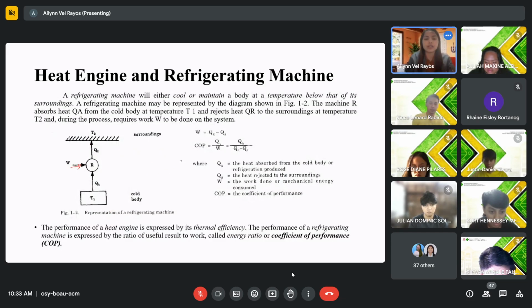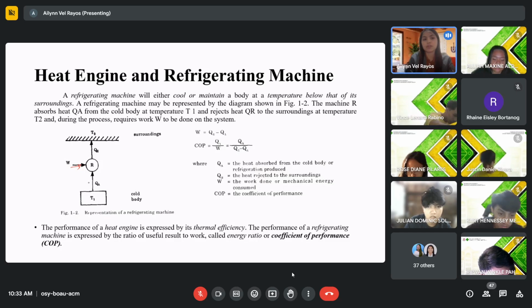So that was the heat engine, and now the refrigerating machine. A refrigerating machine will either cool or maintain a body at a temperature below that of its surrounding. Na-discuss na natin ito last week in the definition of refrigeration system. A refrigerating machine may be represented by the diagram shown in figure 1-2.